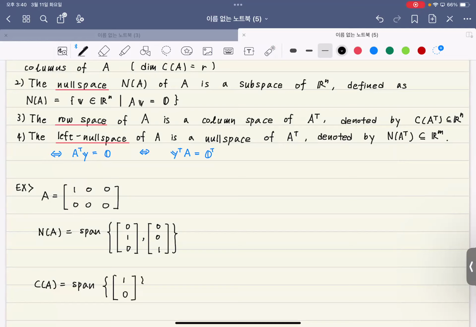So this is my basis of the column space. Clearly, the dimension of the column space is one. The dimension of the column space must be the same as the rank of the matrix. So it suffices to find just one single vector for the basis.